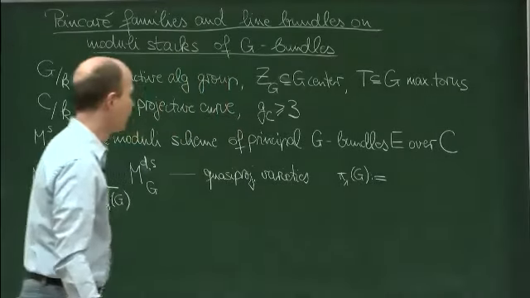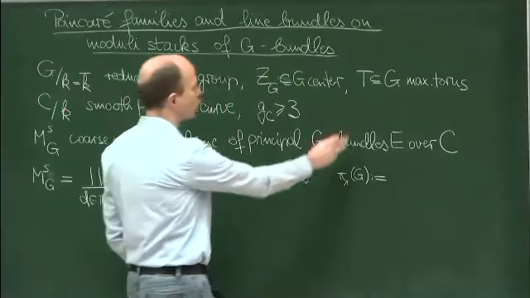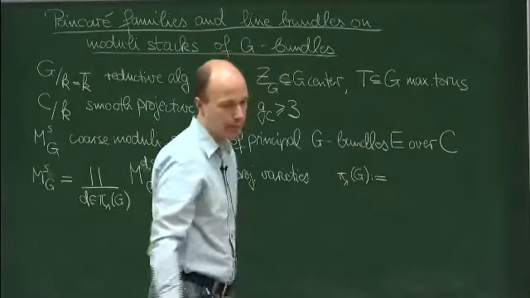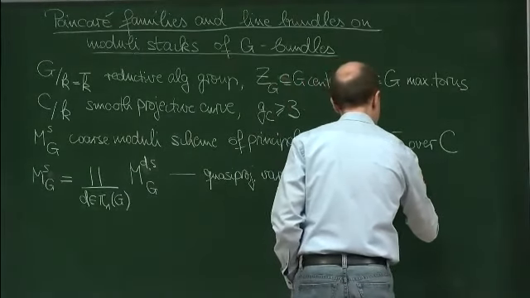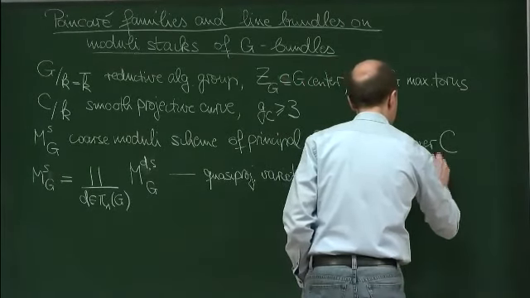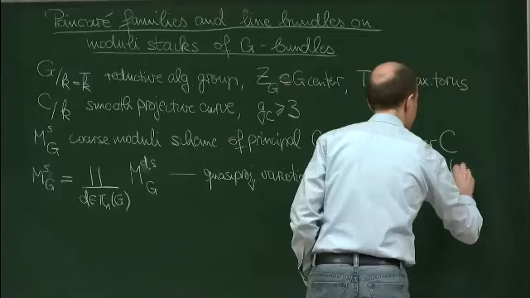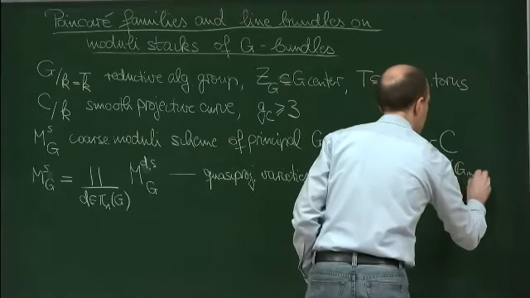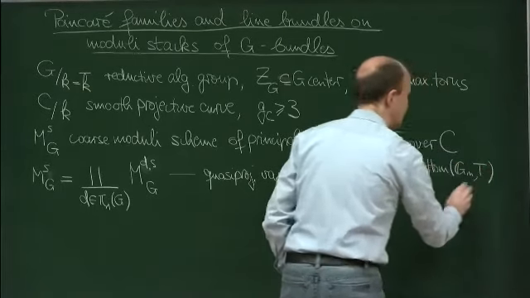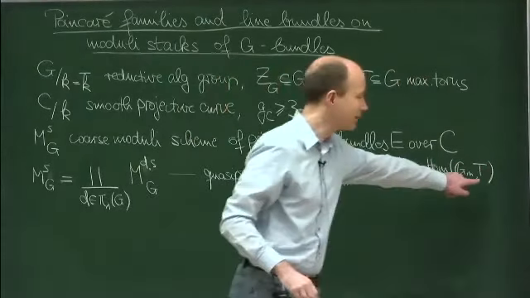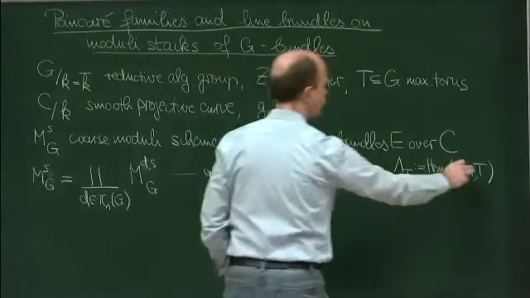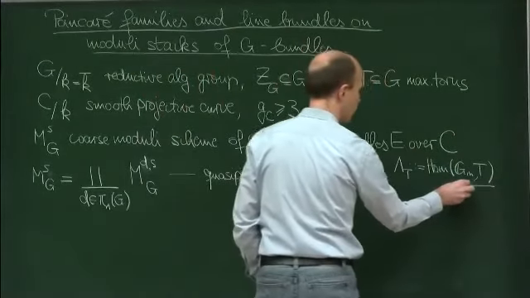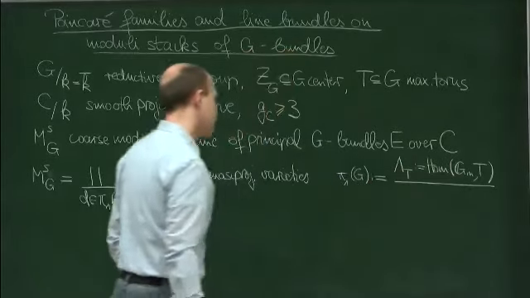It is the co-character lattice of the maximal torus, which I'll denote by Λ_T. This is by definition just the group of homomorphisms from G_m into T. Can everybody still see that T here? Yes, I think so. Okay, so that's a free finitely generated abelian group whose rank is the rank of the torus.